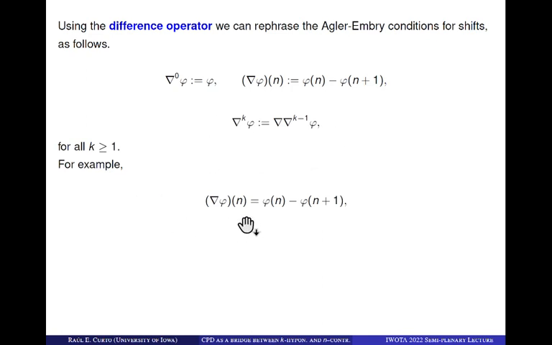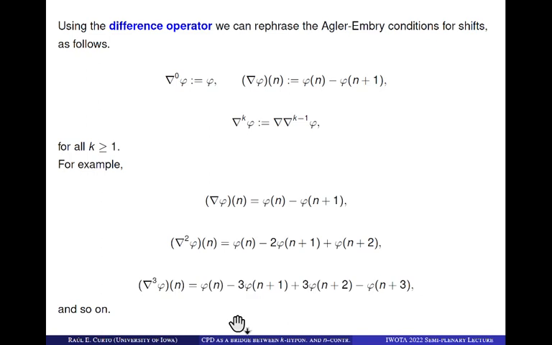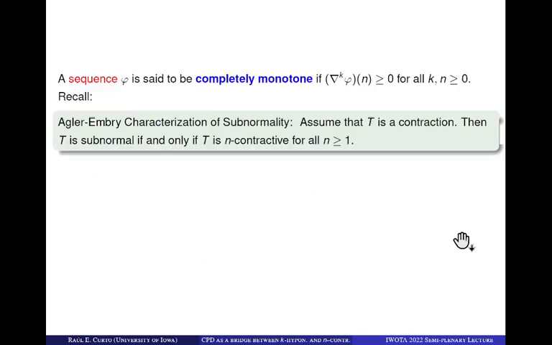For example, if you look at nabla squared, it's going to be phi n minus 2 phi n plus 1 plus phi n plus 2, and nabla cubed will be this expression here, where you see the binomial coefficients coming up with signs, with the negative signs in the right places. So these are those special binomial coefficients that we discussed at the beginning.